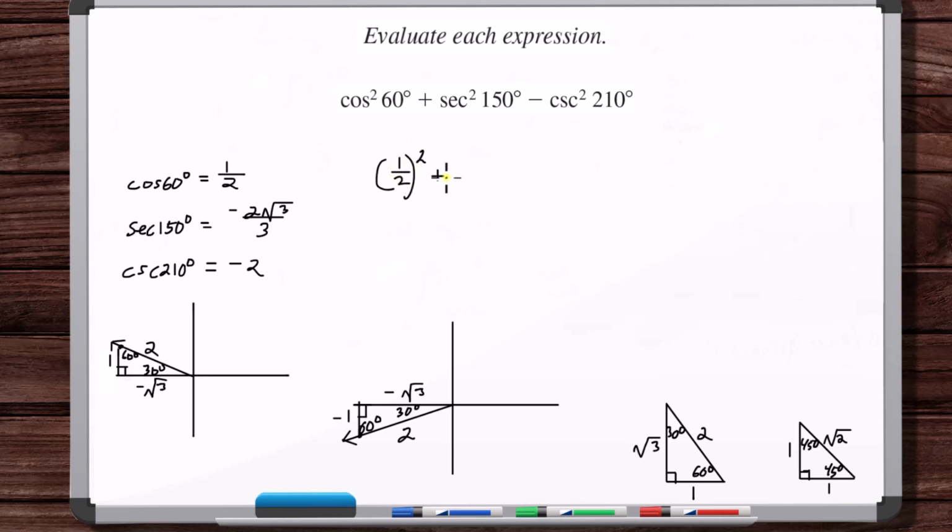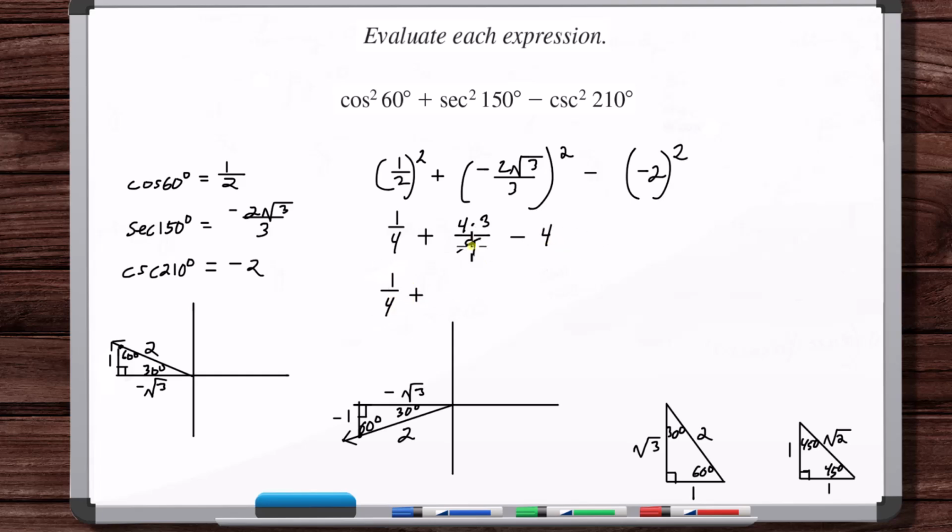1/2 squared plus minus 2 root 3 over 3 squared minus 2 squared. So 1/4 plus, then you've got 4 times 3 over 9 minus 4. So 1/4 plus 4/3 minus 4.